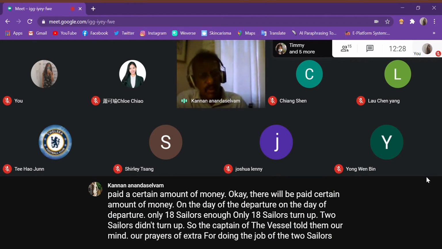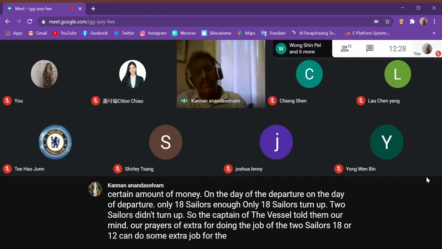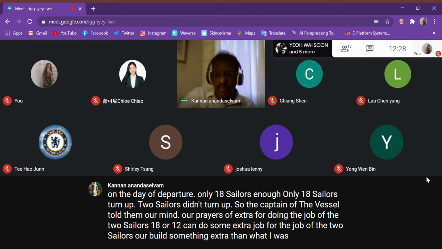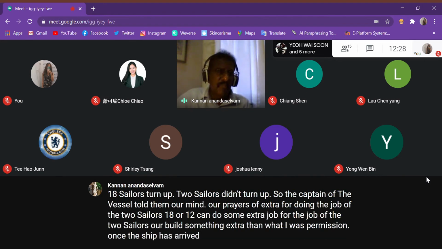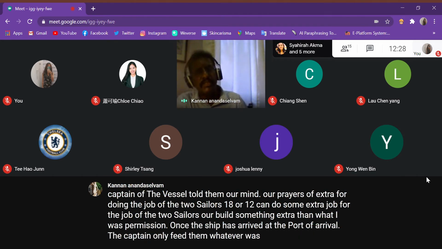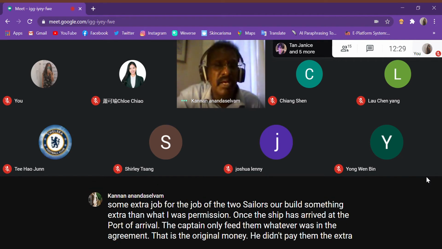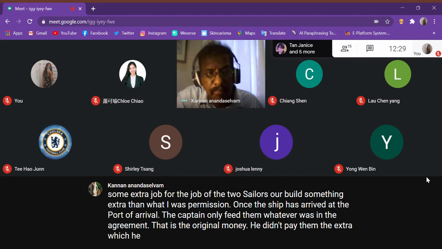Once the ship arrived at the port of arrival, the captain only paid them whatever was in the agreement, that is the original money. He didn't pay them the extra which he promised.